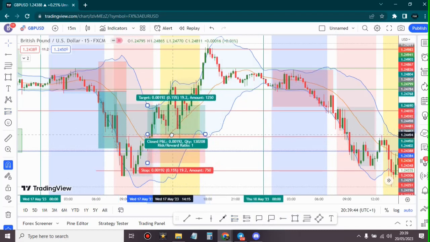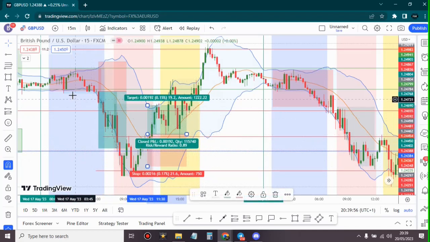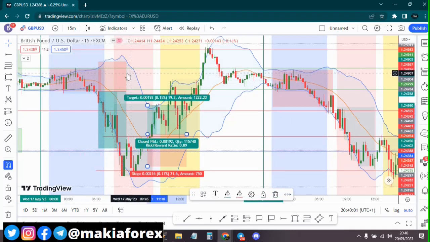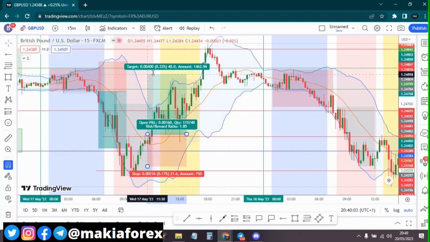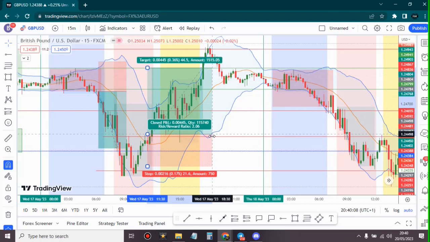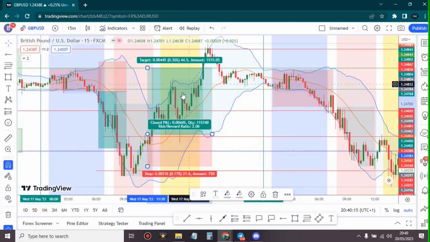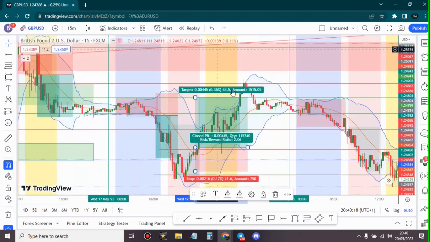I'll put my stop loss just at the swing low in the 15 minutes time frame, then my take profit level just above the Asian range high, and that's how it's going to be. That's it. So as you can clearly see, we hit take profit at 2 instances. This is the first take profit and this is another take profit for the day. As this area is reached, we close the day.